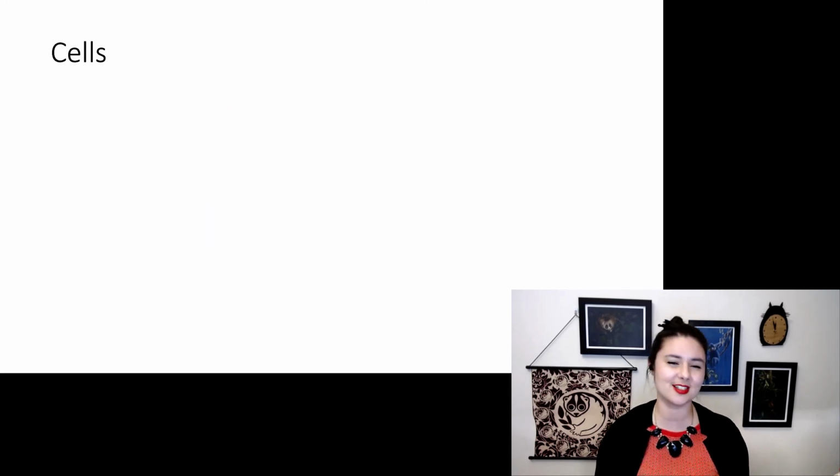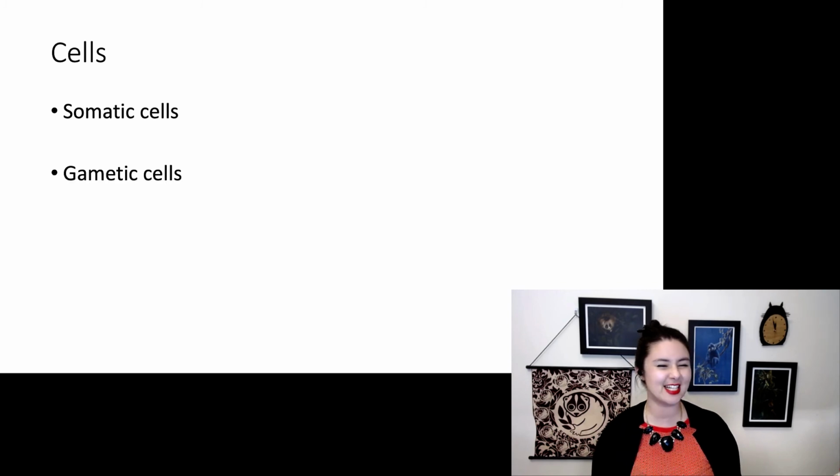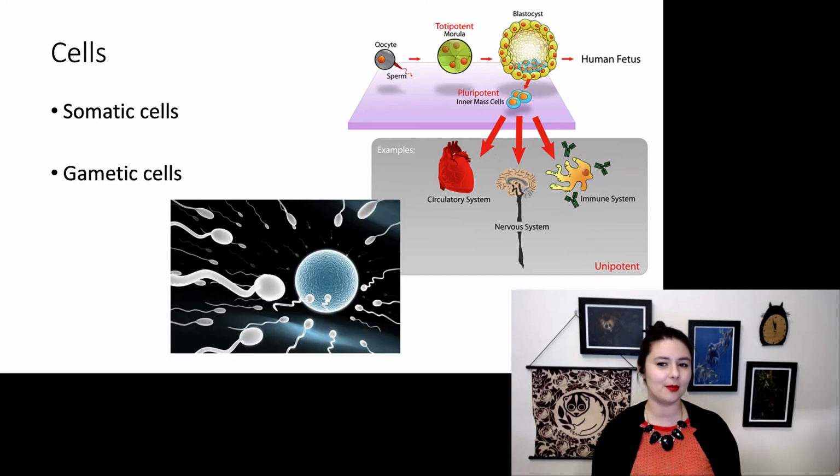It's also important to talk about the different types of cells we have in our body. We have 2, somatic cells and gametic cells. So here, as we undergo development, our somatic cells create all of us, everything you can see. But those are not going to result in offspring. The ones that will result in offspring are our gametic cells.